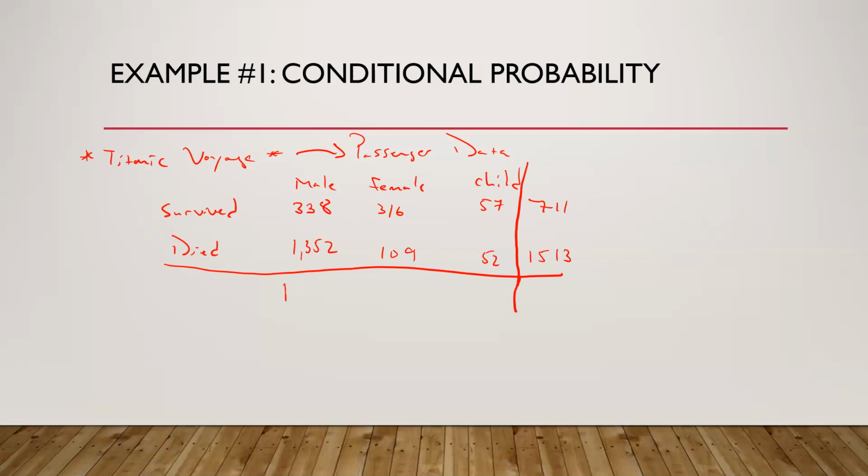The number of males on the Titanic was 1,690. The number of females was 425. And the number of children was 109, just adding down. And there were a total of 2,224 people on the Titanic.